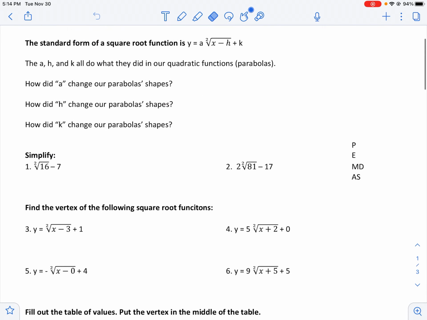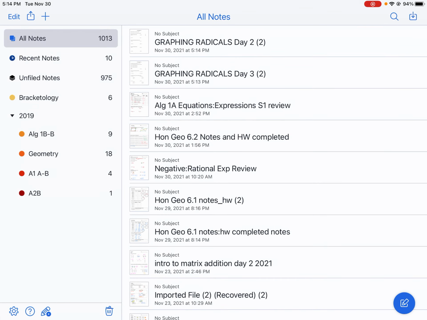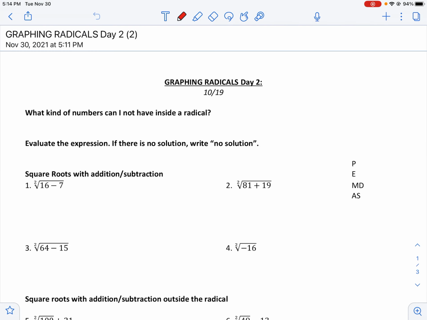So first thing that we should know is that I cannot have any negative numbers inside of a radical. Inside of an even radical, a square root, I cannot have any negatives. And why is that?